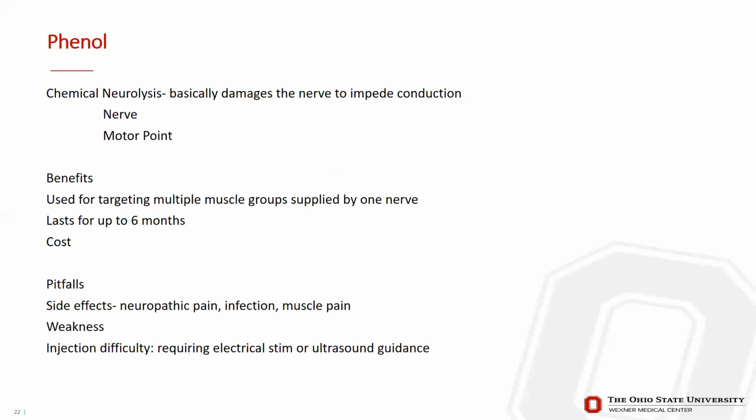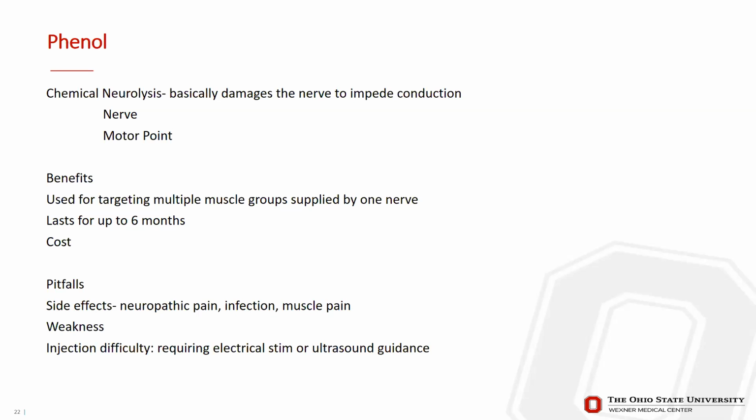So phenol is one area. Not a lot of practitioners do it. We have two of us that do it at OSU, but you're actually trying to burn the nerve, basically. So I only will do it if there's a large group of muscles affected by one nerve. It can last for up to 6 months. It's actually super cheap, much cheaper than Botox.